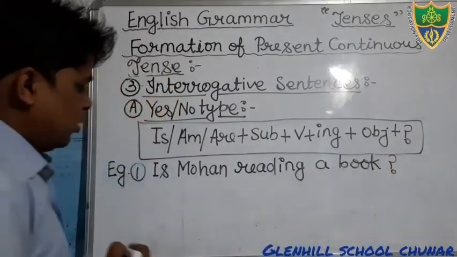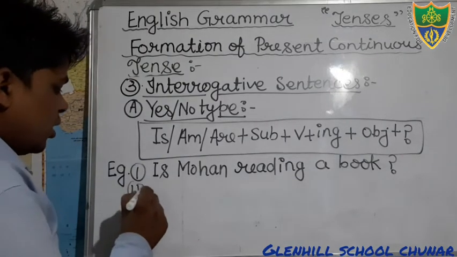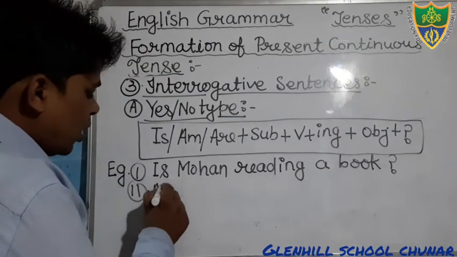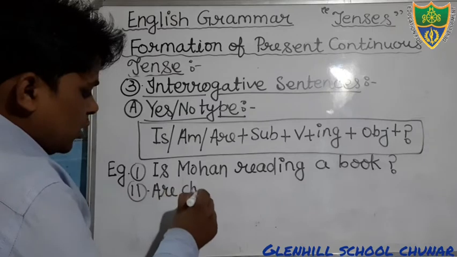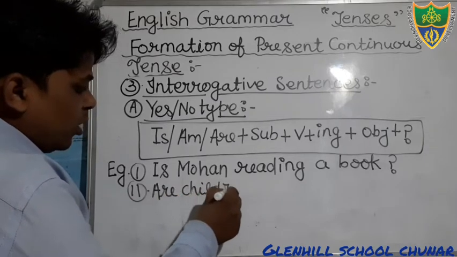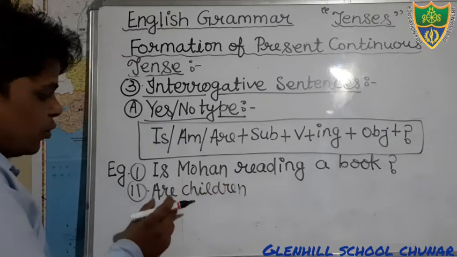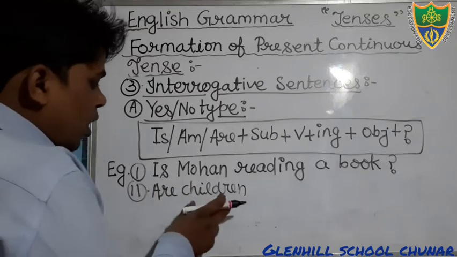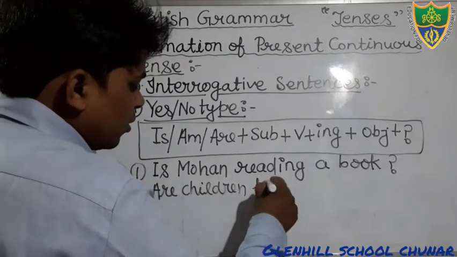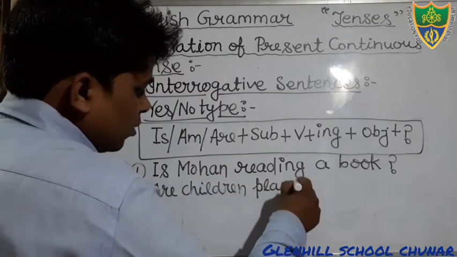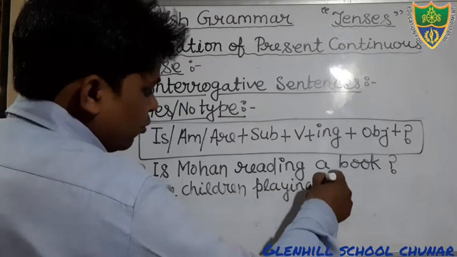Okay. Another we can see. Just see here. Are children. Children is plural, therefore we will use here the helping verb are. Are children playing football?